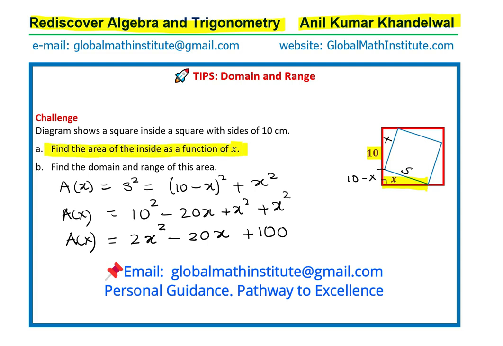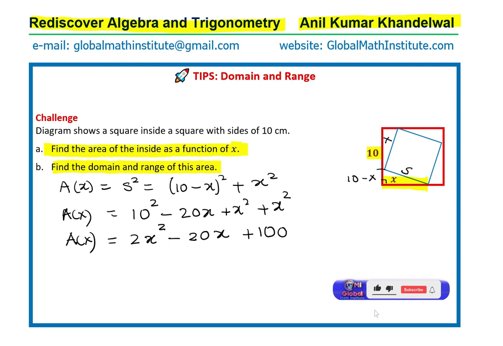Now the second part is we need to find the domain and the range of this area function. So domain is kind of straightforward. What could be the value of x? It's a function in x. So as you can see, x is within 0 to 10, right?